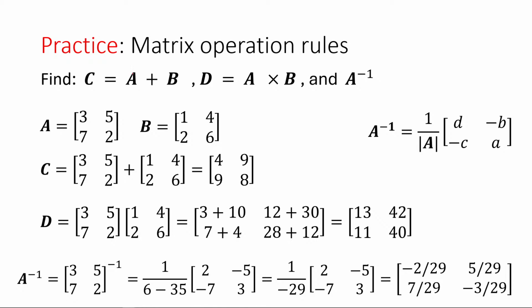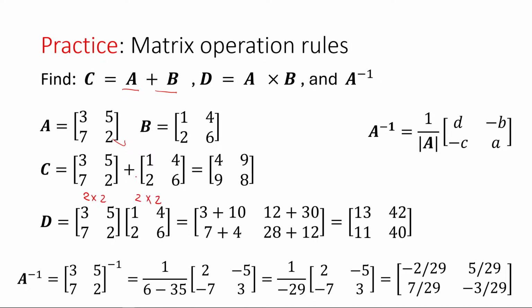So I tell you, matrix A and matrix B, you can add these two together. So that's matrix C. D is equal to A times B. So I have matrix A and matrix B. This is 2 by 2, and this is 2 by 2.